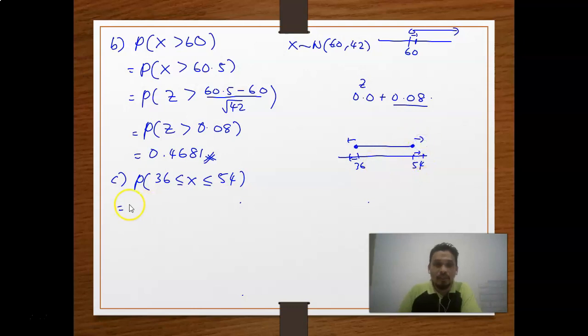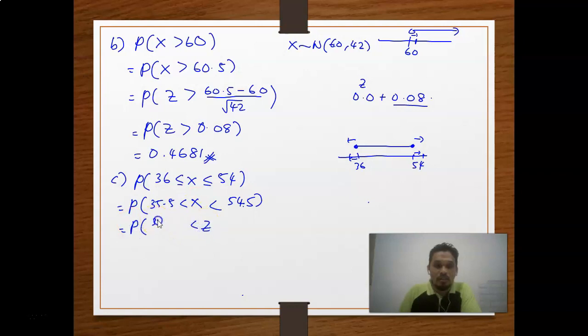Probability of X, 36 minus 0.5, 35.5, and also 54 plus 0.5, 54.5. So transform this from X into standard normal distribution.